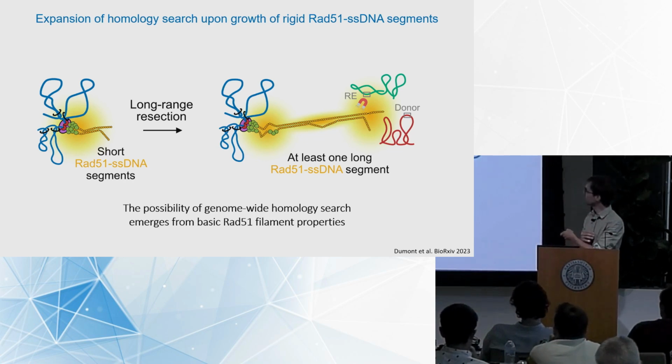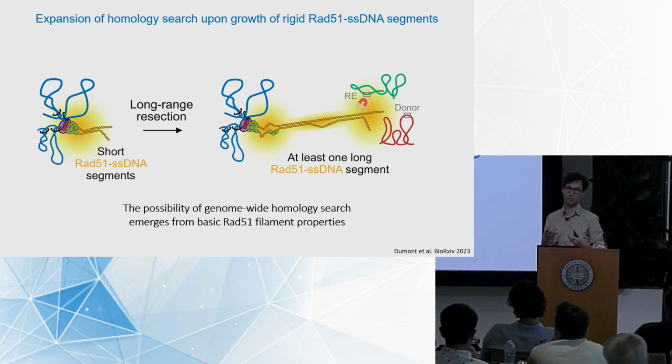And so the segmentation is regulated by very basic properties that are specific to this recombinase, the nucleation rate and the growth rate. If you nucleate very infrequently, but the growth is very cooperative, you are going to be able to make a very rigid single filament very efficiently, like RecA in bacteria. However, if you nucleate frequently, but the growth is not very cooperative, you will make a lot of small segments. And this is not going to be able to grow like this.